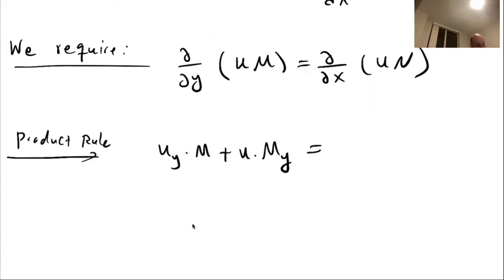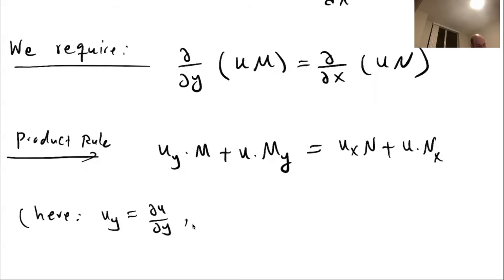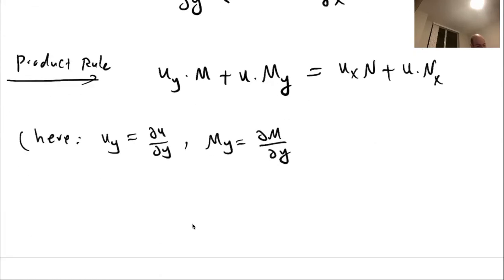And this has to be equal to u_x N plus u N_x. So here, u_y is the same as du/dy, M_y is the same as dM/dy, similarly, u_x is the same as du/dx, and N_x is the same as dN/dx.